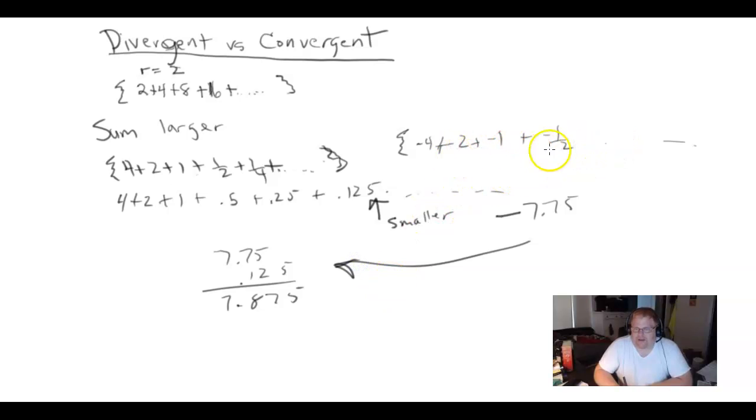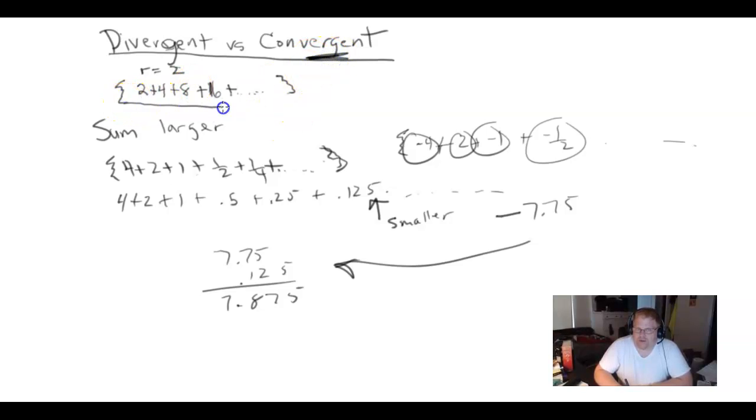So yes, it's getting smaller and smaller, but it's what these things are doing that's the important part. We have to show that as these numbers get smaller and smaller, they contribute less and less to the sum. That's why they would be considered convergent.